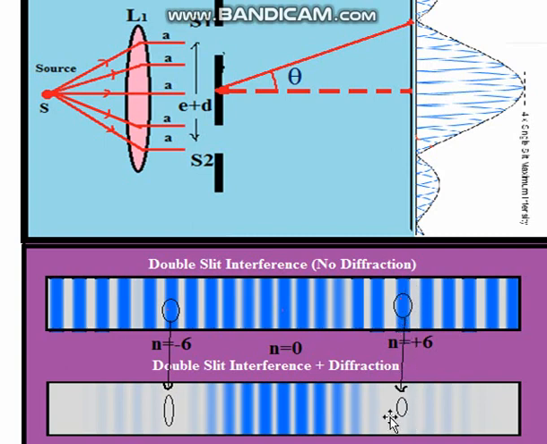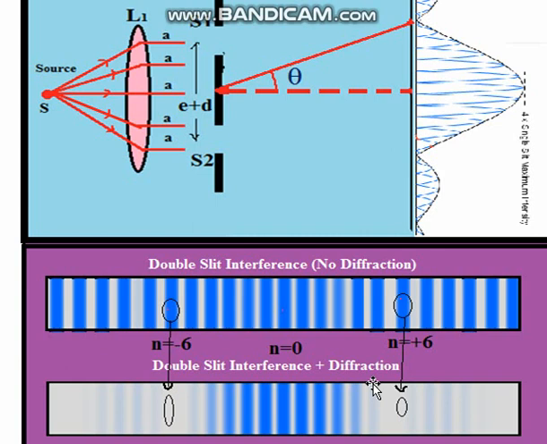There is a dark region in the final pattern. This effect is known as the missing order. So missing orders are the orders of the interference fringes which are found missing in the final pattern. So what are the conditions why these fringes are found missing?